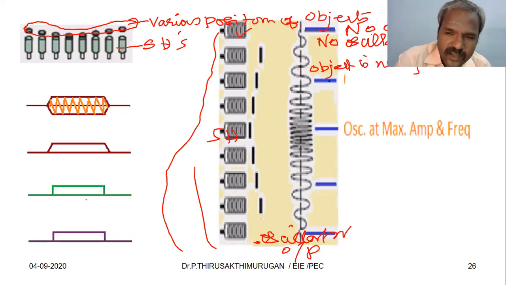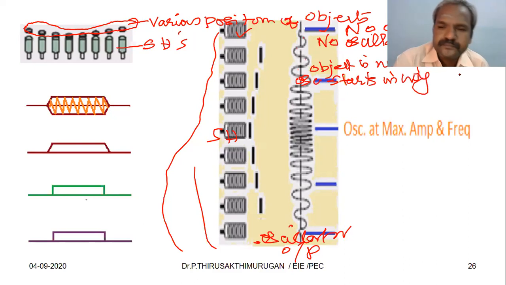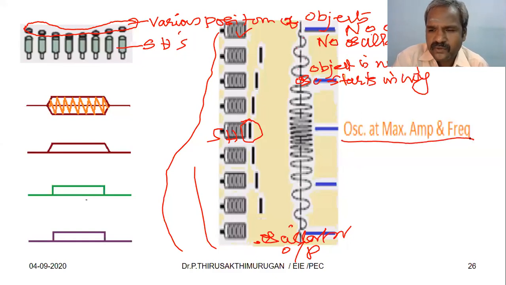What happens? The oscillation starts increasing. When the object is in very close proximity to the sensor head, the oscillation is at maximum amplitude. Normally the oscillation generates from 100 hertz to 1 megahertz.